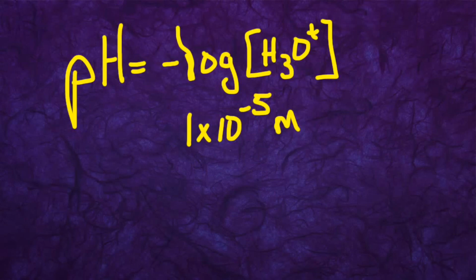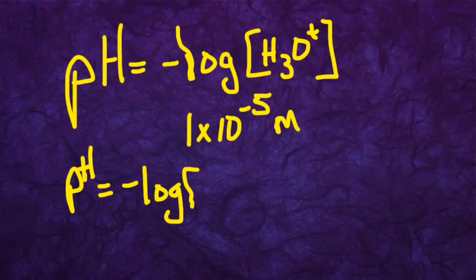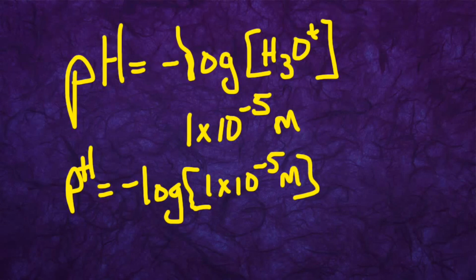The pH is going to equal the negative log of 1 times 10 to the negative 5th molar.